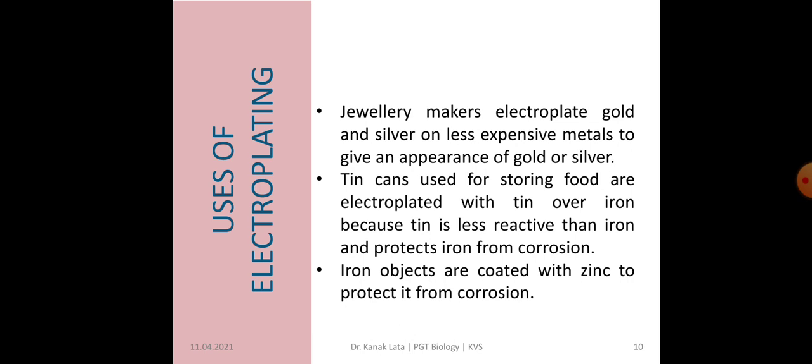Tin cans used for storing food are electroplated with tin over iron because tin is rustless and iron is corrosive, and tin is also less reactive than iron, so it protects iron from corrosion. So tin is coated over the iron can. Iron objects are also coated with zinc to protect against corrosion.